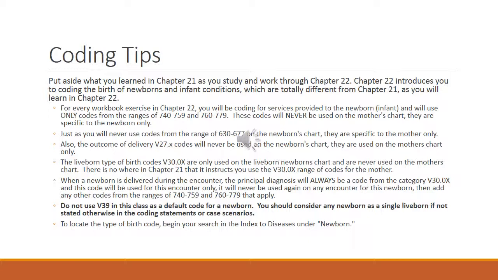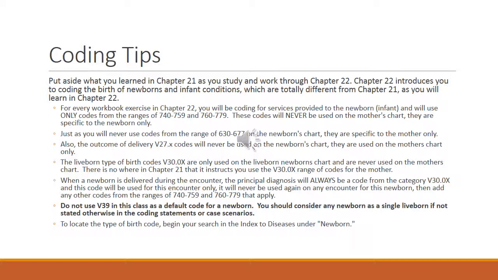When a newborn is delivered during the encounter, the principal diagnosis will always be a code from the category of V30.0X, and this code will be used for this encounter only. It will never be used again on any encounter for this newborn. Then add any other codes from the ranges of 740 through 759 and 760 through 779 that apply.